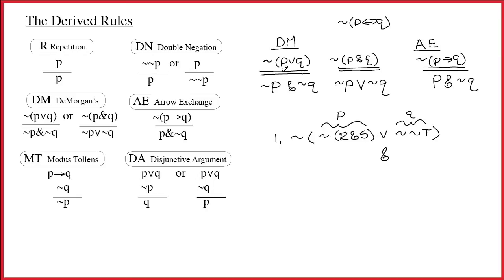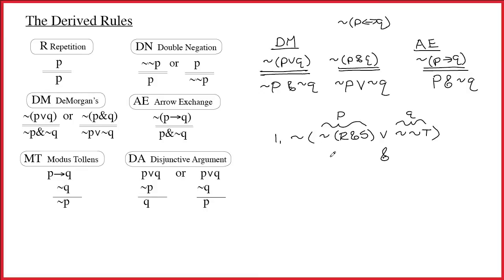P has a tilde built into it. If we're going to follow this rule exactly as it's written, then what we're obligated to do is add a tilde to P. This tilde on the outside, in effect, gets distributed. It goes in two places.